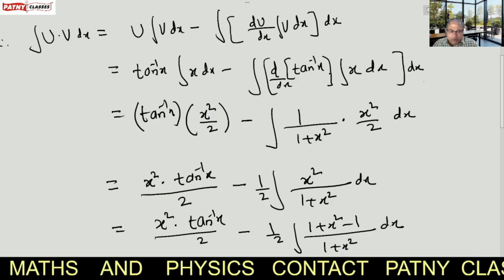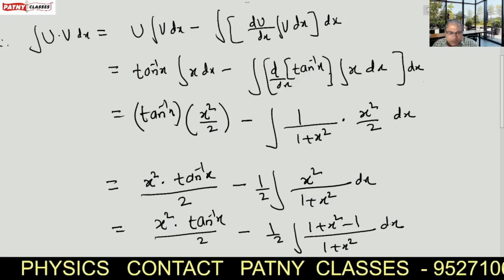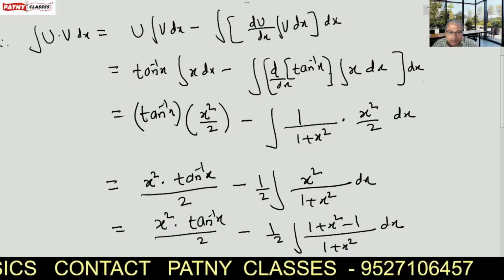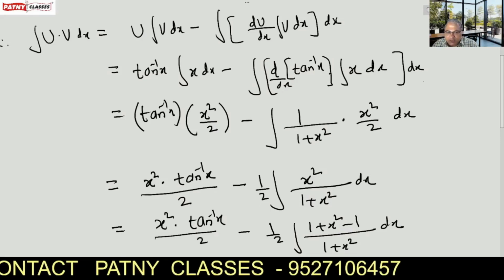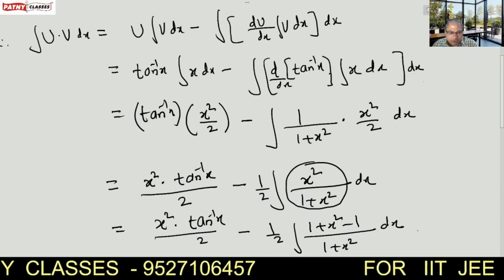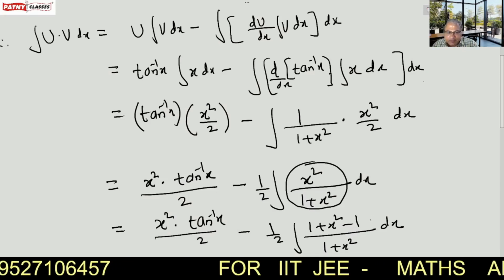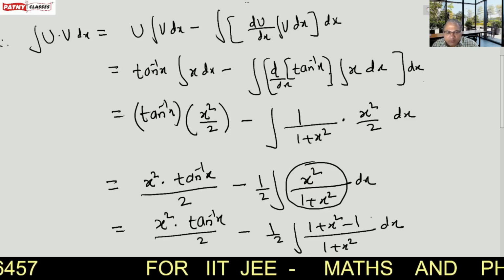Why are we doing so? Because directly now we cannot do the integration. To make it a simpler form, we are adding plus 1 and minus 1, so that this part becomes divided into two parts and the integration becomes easy. Let's see what happens after adding plus 1 and minus 1.